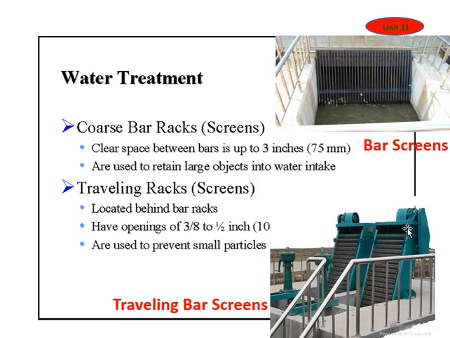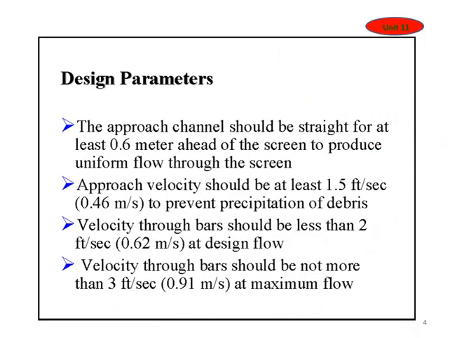Like here, when it moves, the solids will fall into another chamber where the solids will be collected. So it could be, yani, this traveling rack screen. It could be placed after that, or it alone can be provided with the treatment plant. So this is the traveling bar screen, this is the normal bar screen, the stationary bar screen.